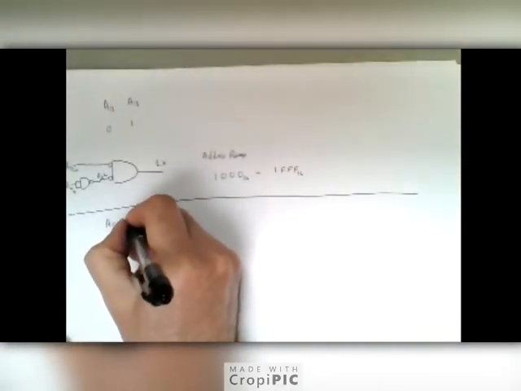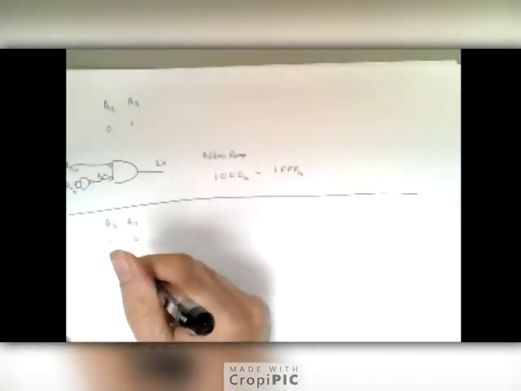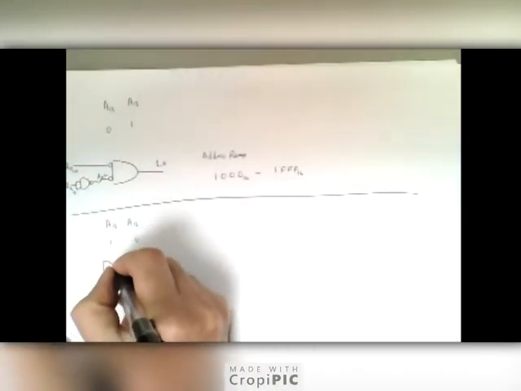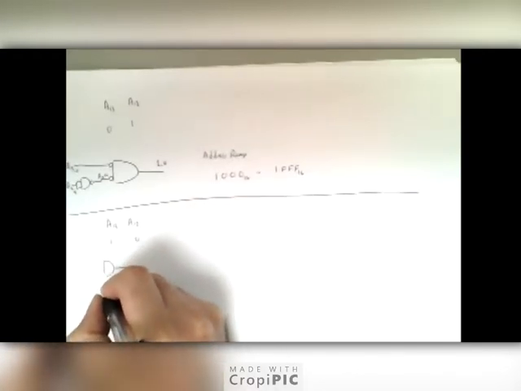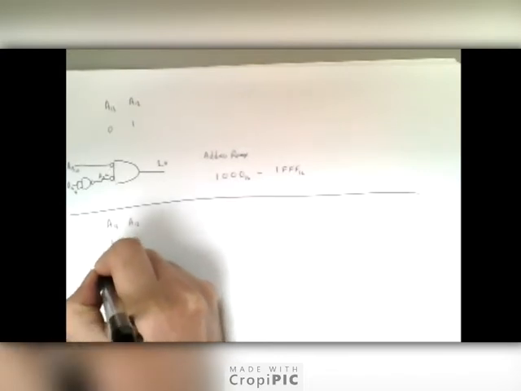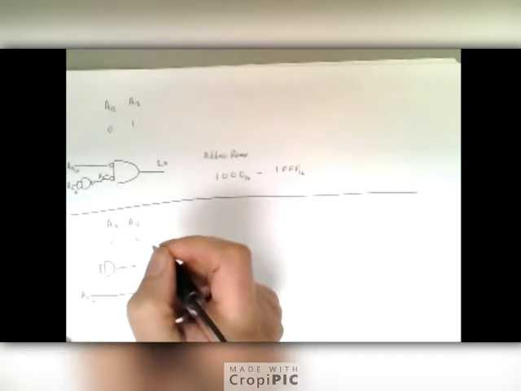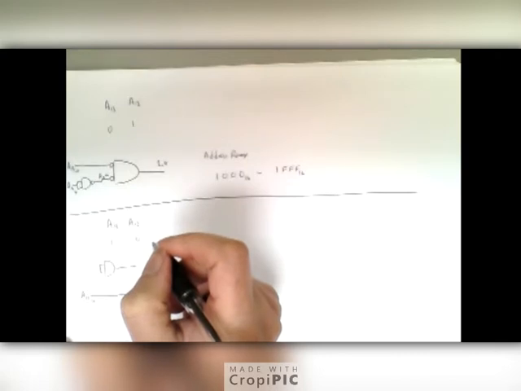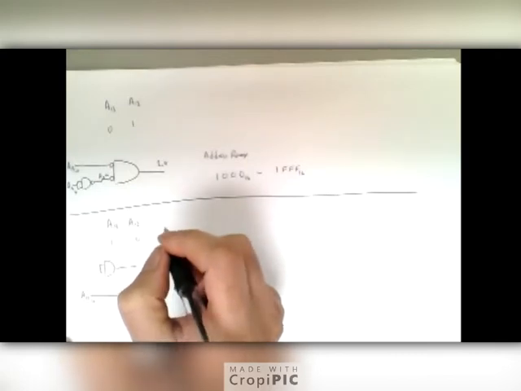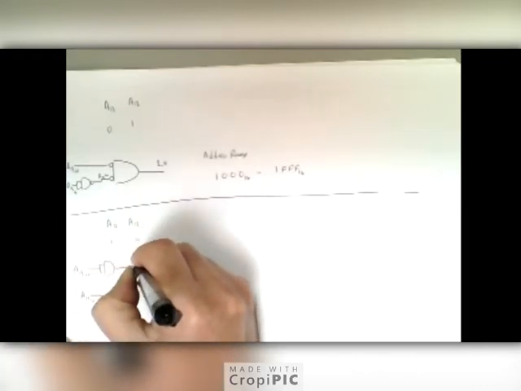Next we have where A13 and A12 have the value of 10, so it's effectively the opposite circuit in terms of the inputs. So we have a NAND gate, and we have A12 feeding directly as assertive high into our gate. A13 assertive high.